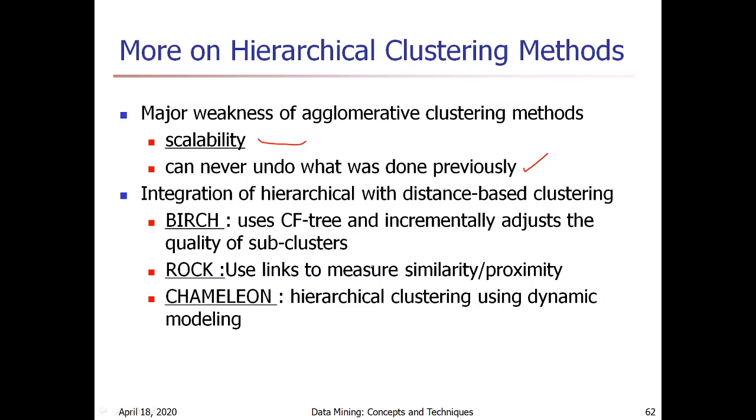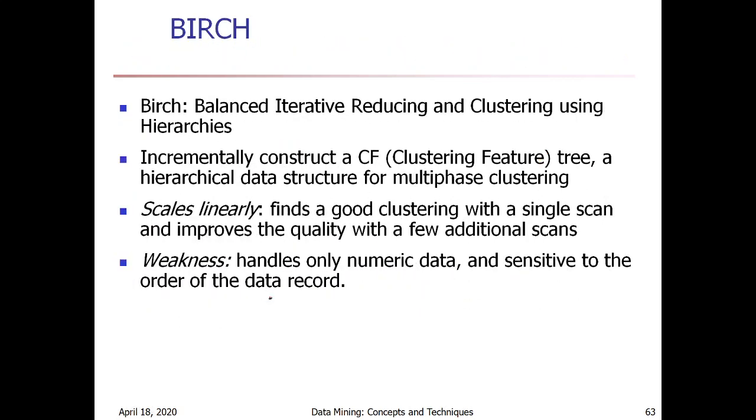For that reason, to work effectively and maintain the quality of hierarchical clustering, three different methods were introduced: BIRCH, ROCK and Chameleon. BIRCH uses the clustering feature, ROCK uses similarity, and Chameleon uses dynamic modeling.